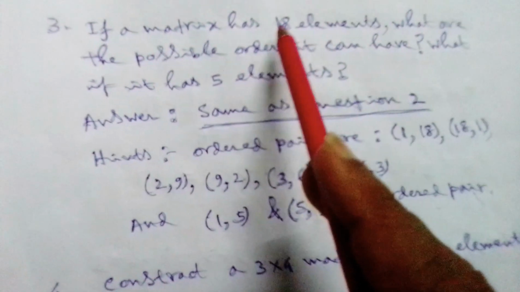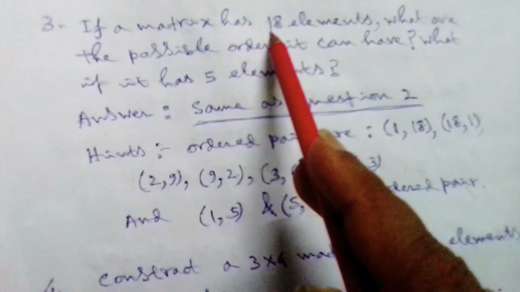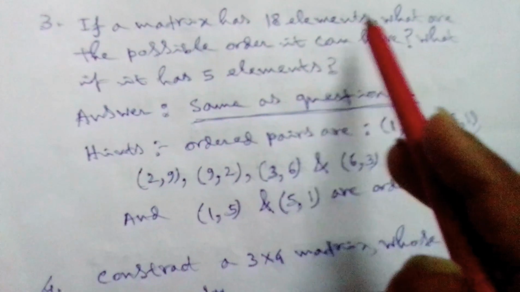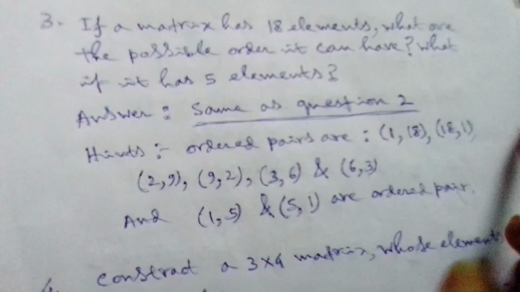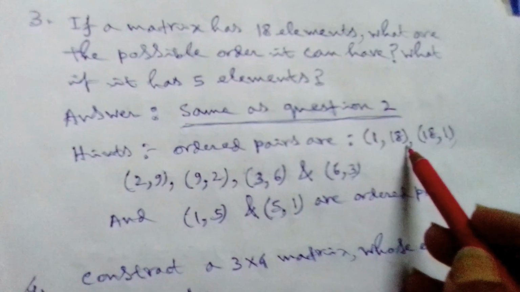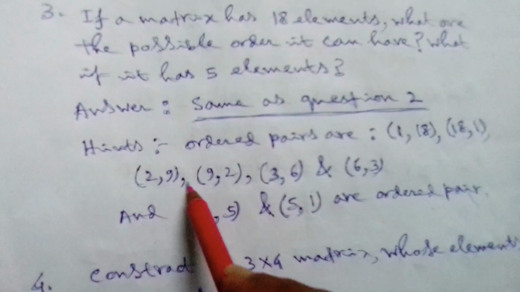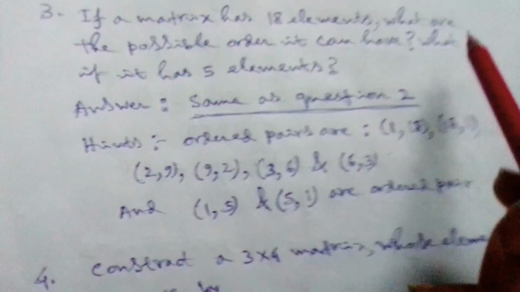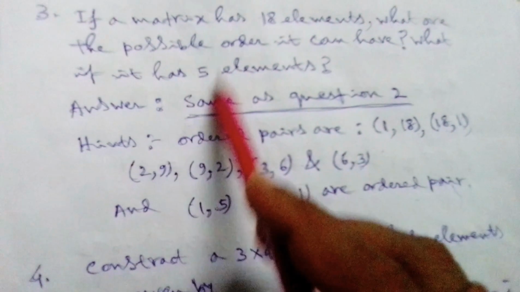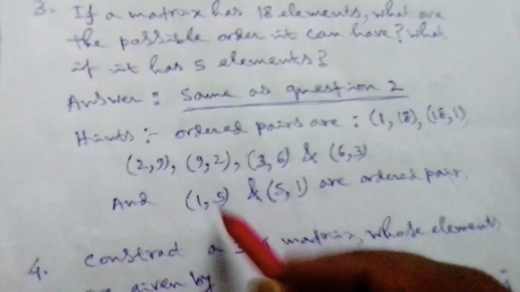The factors will be 1, 2, 3, 6, 9 and 18. So the ordered pairs will be 1 by 18, 18 by 1, 2 by 9, 9 by 2, 3 by 6 and 6 by 3. And it also applies if it has 5 elements, 5 being a prime number, so the only possible orders are 1 by 5 and 5 by 1.